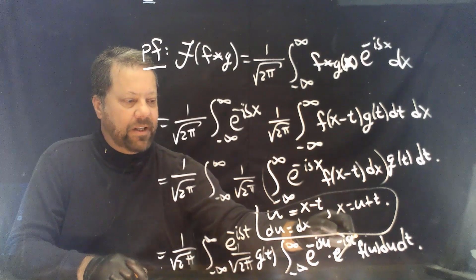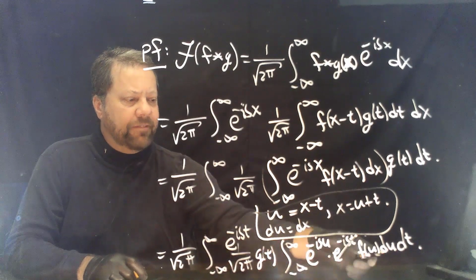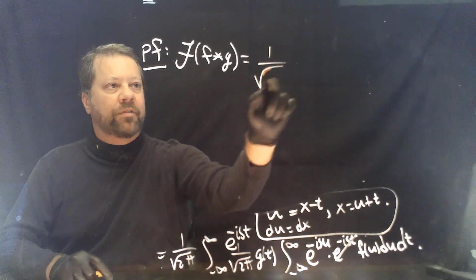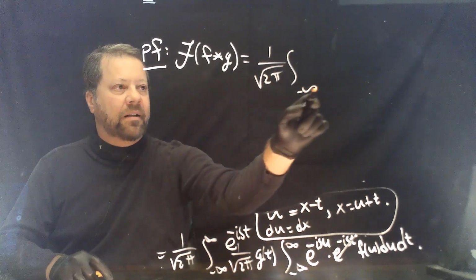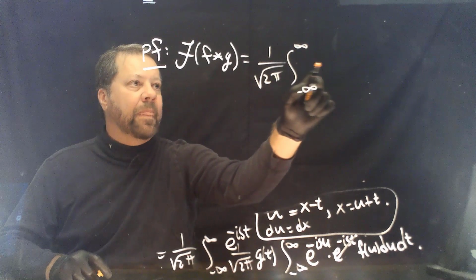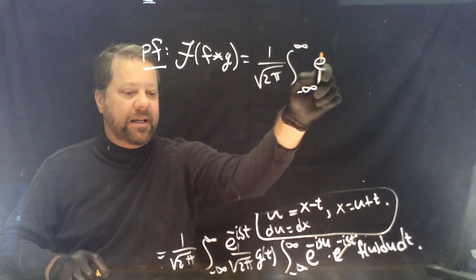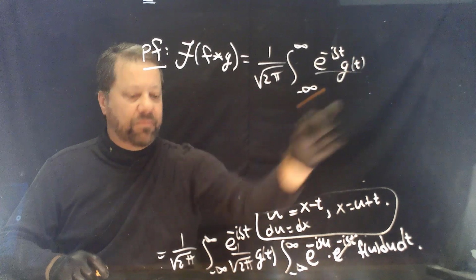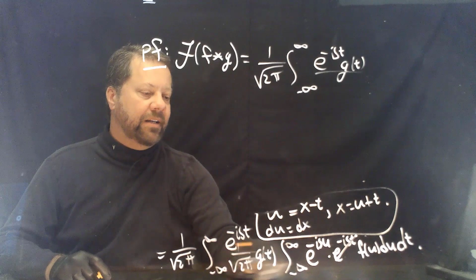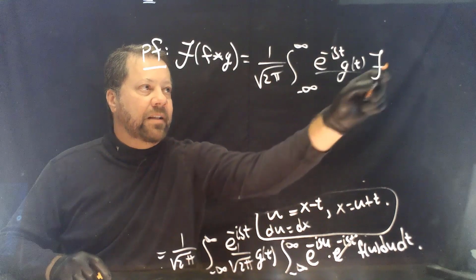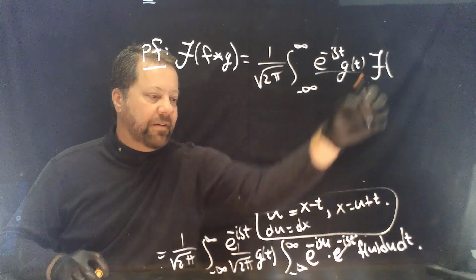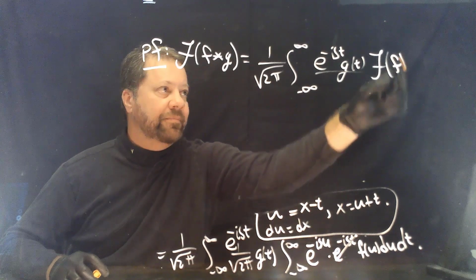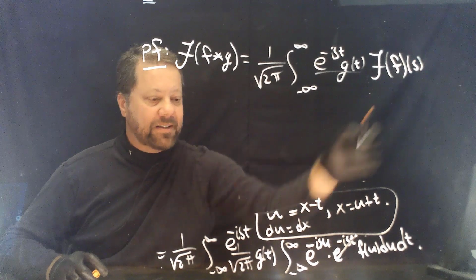This e to the minus ist can come out of this integral, and we're left with the Fourier transform of f. 1 over root 2 pi, integral from minus infinity to infinity. We have e to the minus ist g of t. We're taking the root 2 pi here along with this to give us the Fourier transform of f evaluated at s.